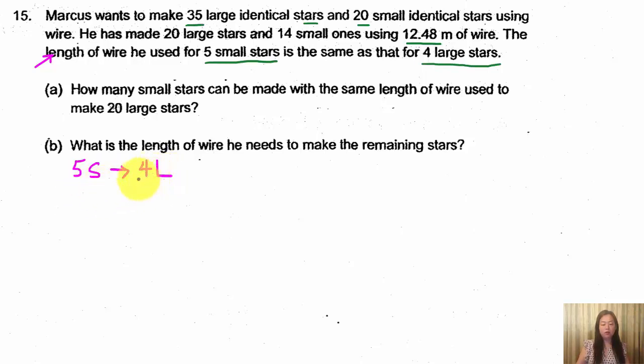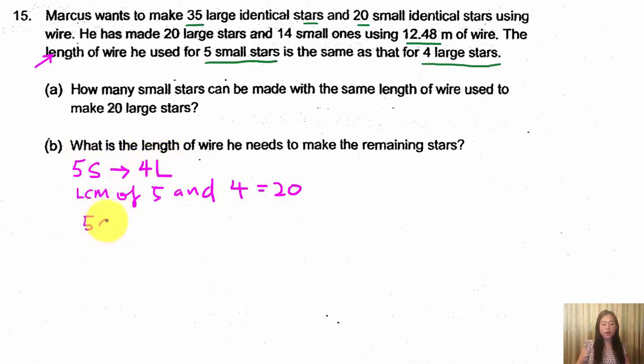One of the tricks you can do is find the LCM of 5 and 4, which is equal to 20. So what it means is we can convert this to 20 units, and this is also 20 units.